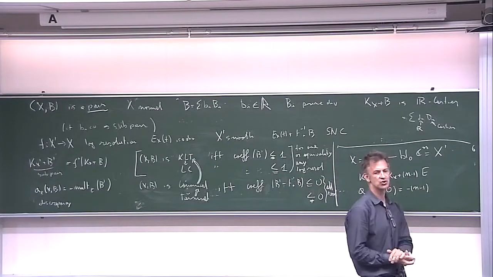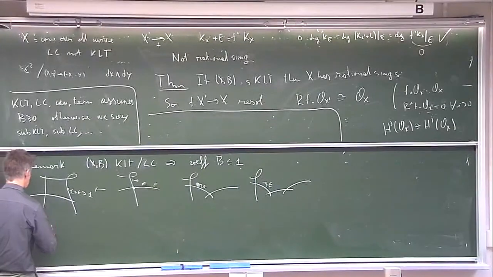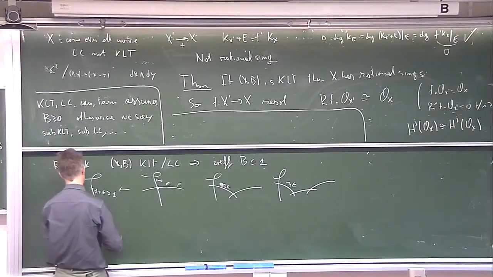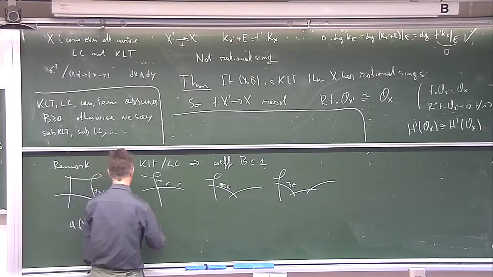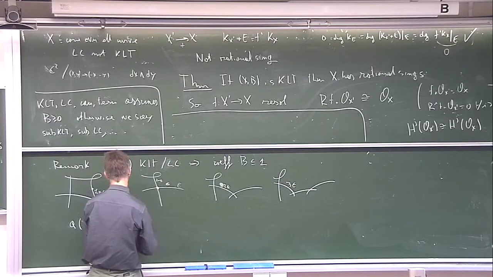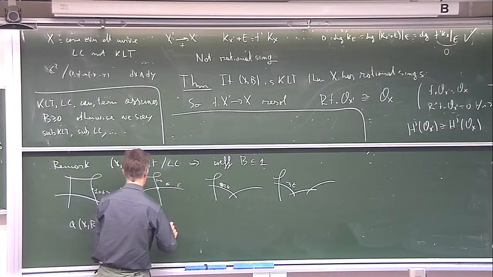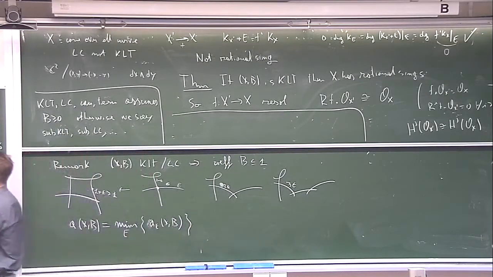However, this argument shows you something even more interesting. It says the following. So let a(X, B) be the minimal discrepancy. So this will be the minimum of the set of all divisors E over X of the numbers a(E, X, B), right? So those are sort of minus the coefficient.